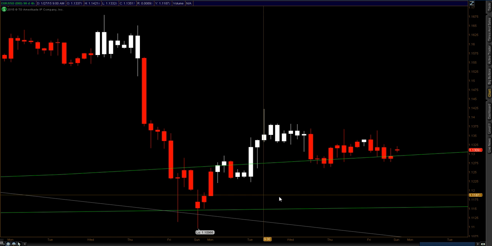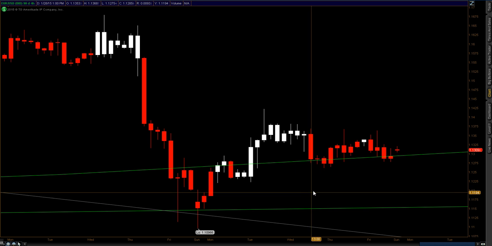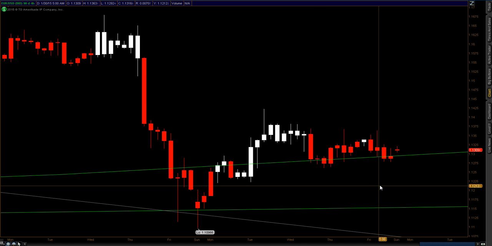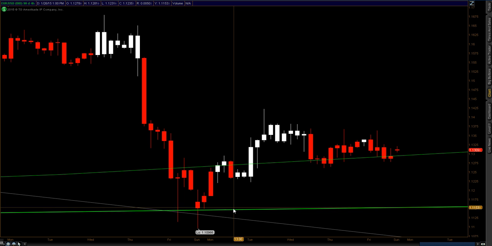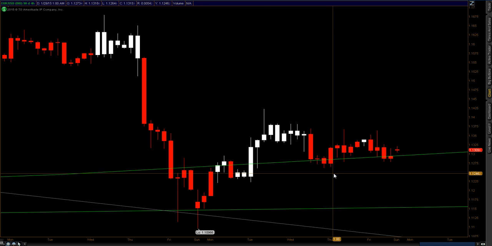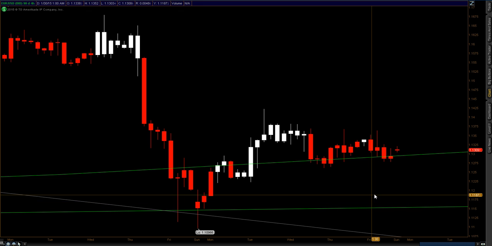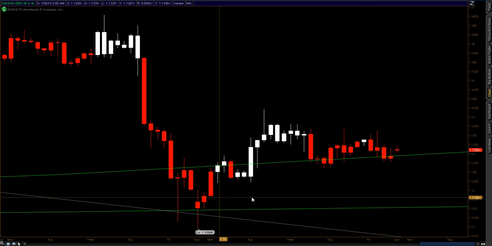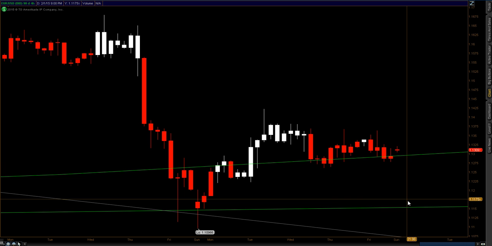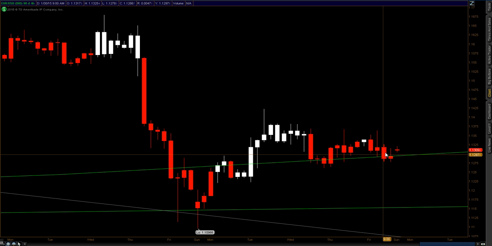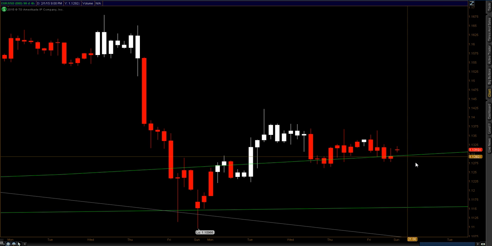This is a system I use, and this system is telling me that the low is in. That low right there was 1096, but this green line is where it got right back above it. So you want to keep an eye on that 1150 area, and this level right here too.